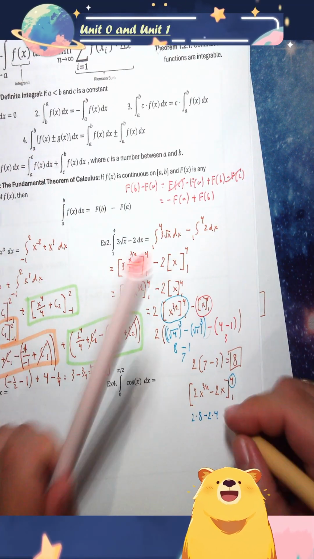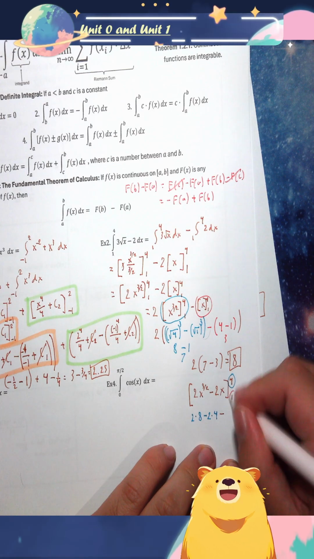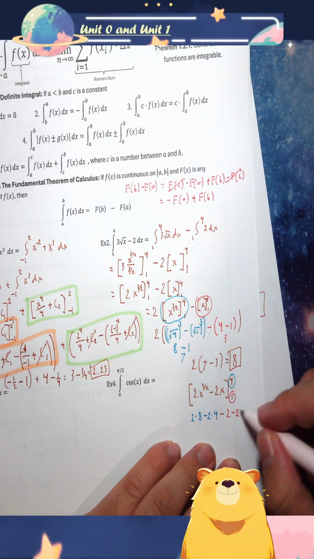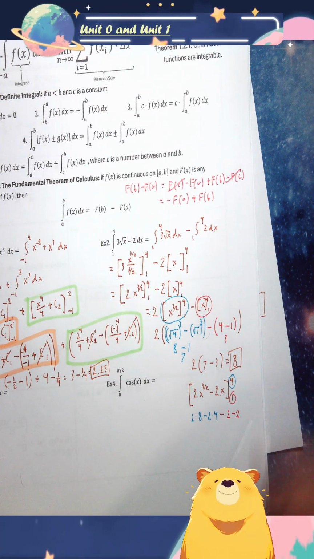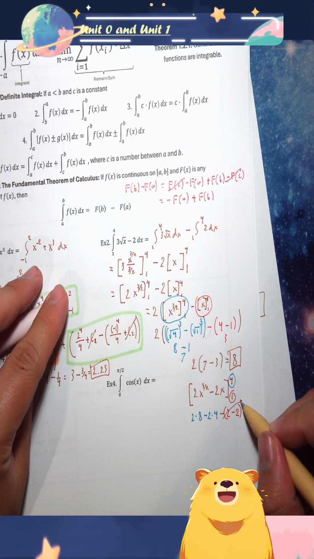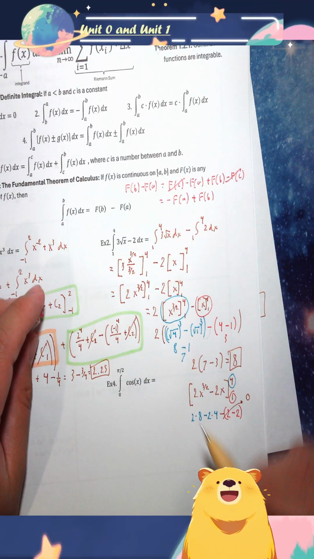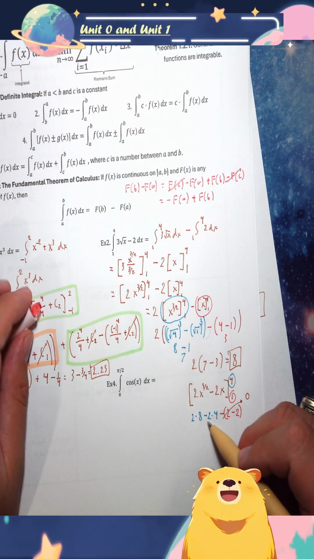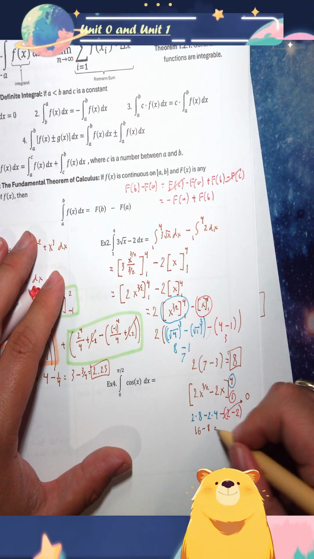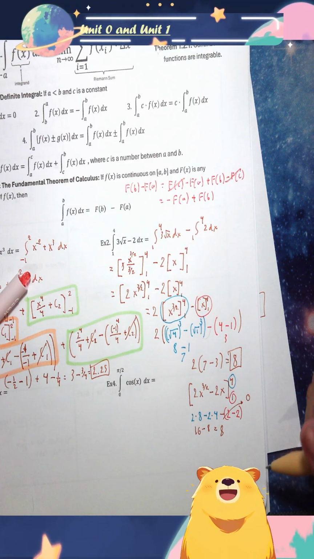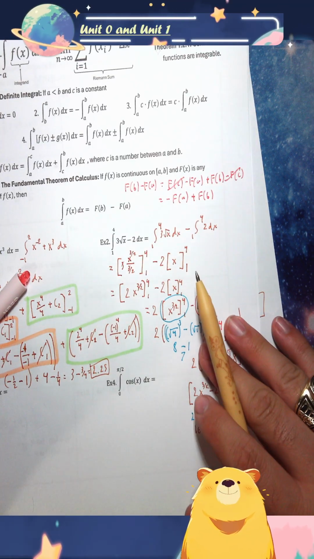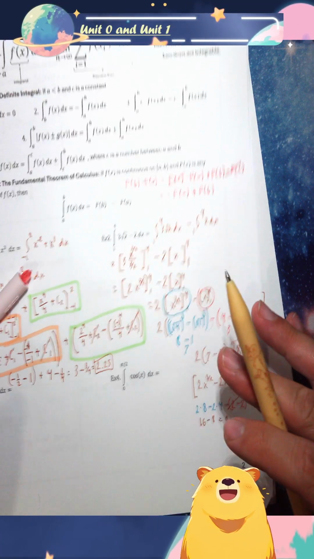And then that would be minusing this whole product, which is just 2 minus 2. Let me put that in parentheses. Well, we know that's 0, so that's going to just go all the way to 0. And then over here we have 2 times 8 minus 2 times 4, 16 minus 8. Well, that's just 8. So you could have done that as well, but I'm just going through every step possible. Okay, let's wrap this up.